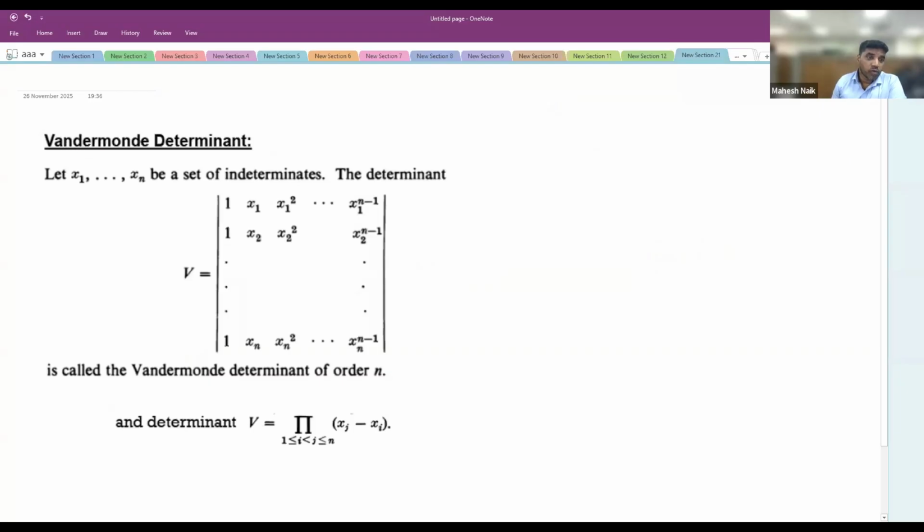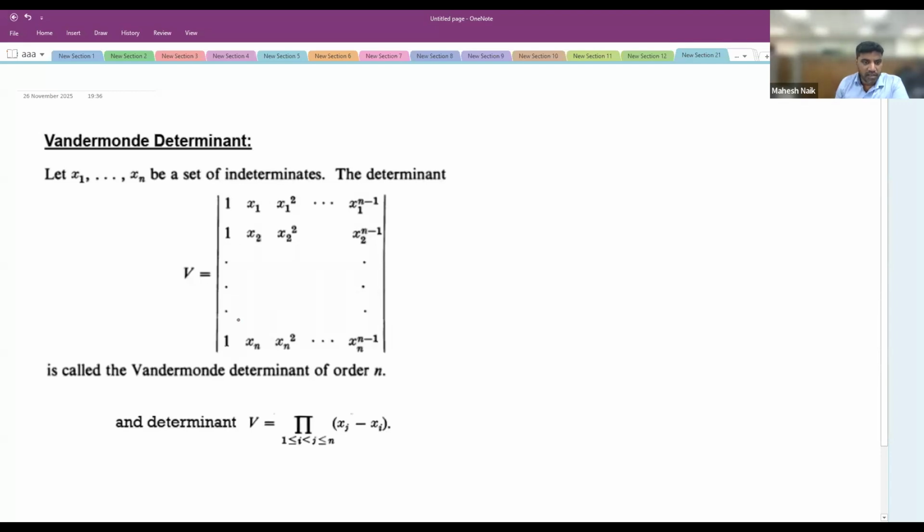The Vandermonde determinant is useful when we deal with interpolating polynomials, and in a lot of places like eigenvalues and so on in linear algebra. In this case, we have x1 to xn, the intermediate variables, and the determinant will be defined like this.